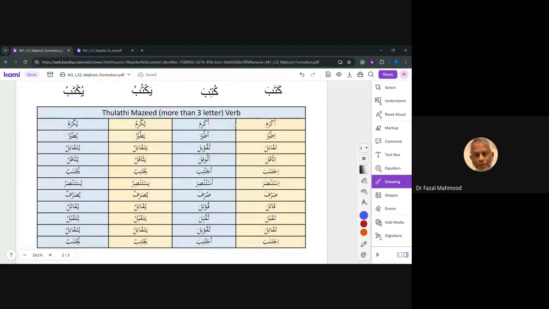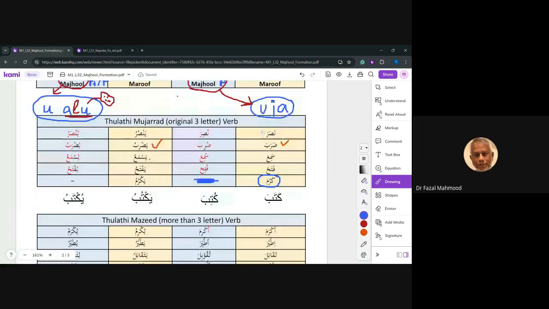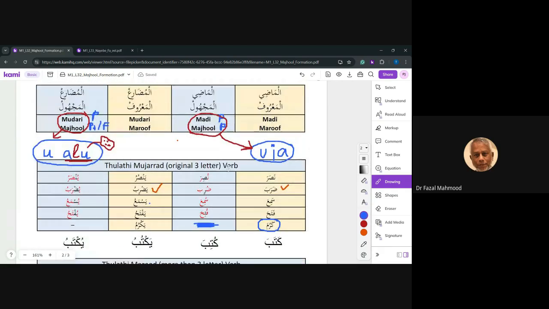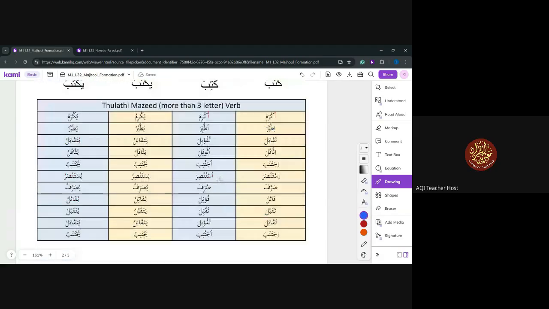I have now changed it, Ustada, and added a new word there called gafara, because we don't need to mention karuma at this stage. They will get it in future.